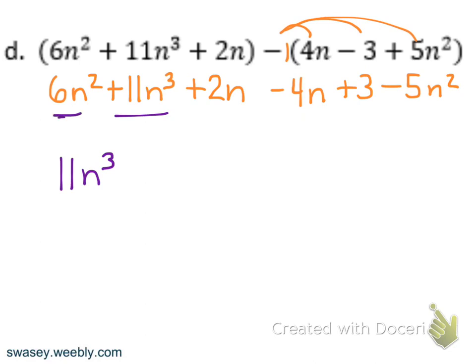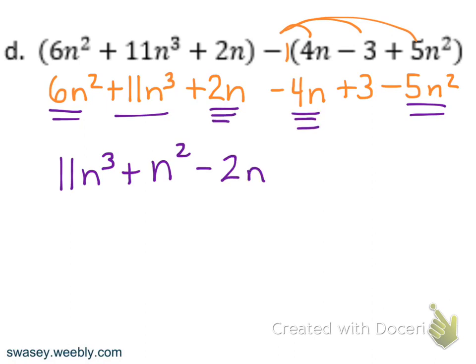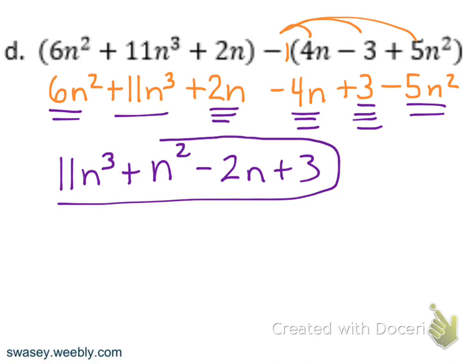Next we'll see 6n squared plus negative 5n squared, positive 1n squared, or just n squared. 2n plus negative 4n is negative 2n. And then finally this constant will be at the end. No other constant to combine it with. We've combined all our like terms, so we're done.